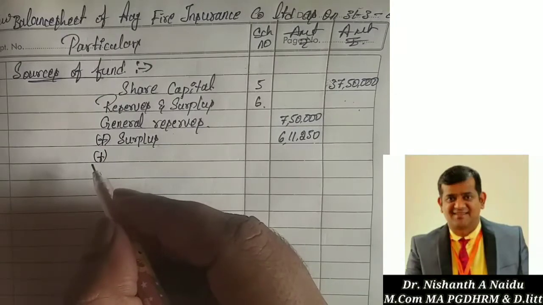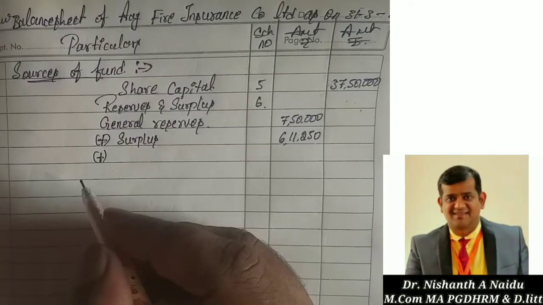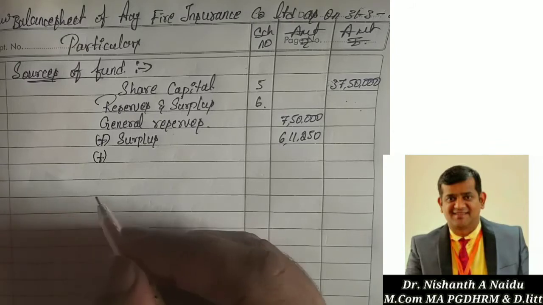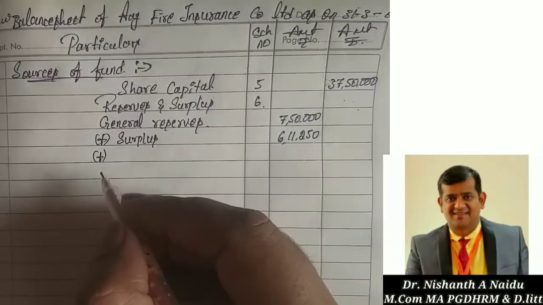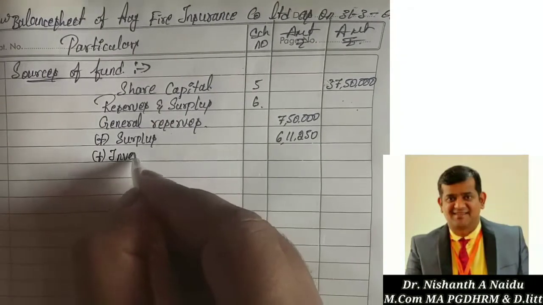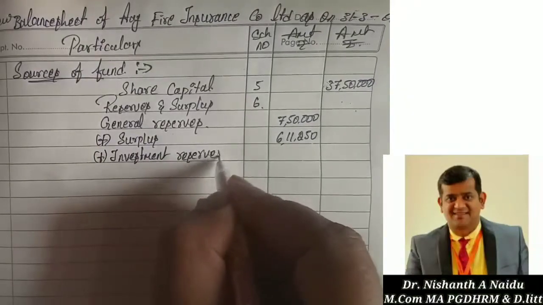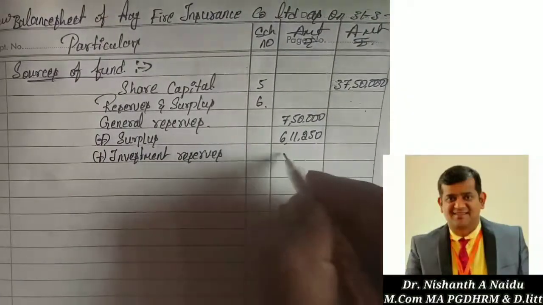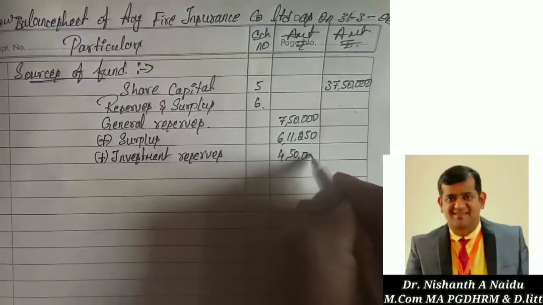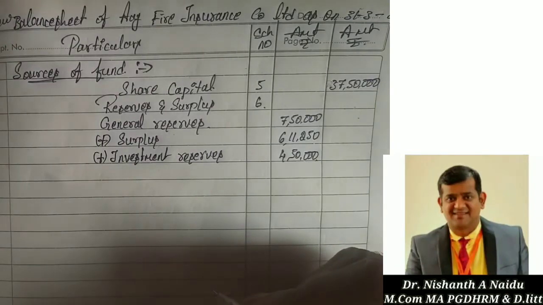Check investment reserves as on 1/4/2005, on the credit side, last third item in the table, 4,50,000 rupees. So write down investment reserves, 4,50,000 rupees. Done.